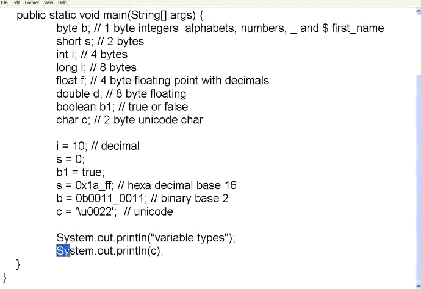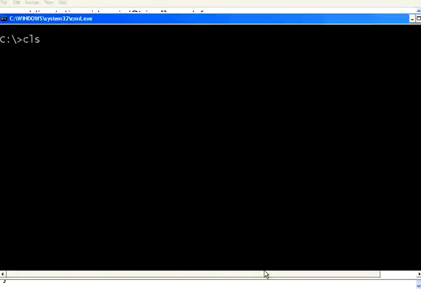I have done a System.out.println of that character variable. It will print it on the terminal. Let us compile this. Now it has printed the double quotes. So Unicode character 0022 indicates double quotes.